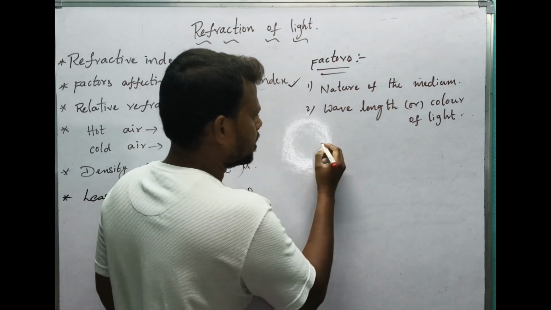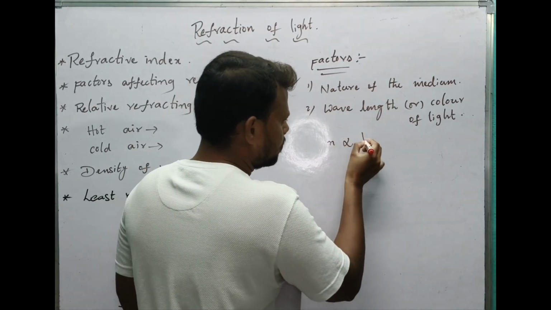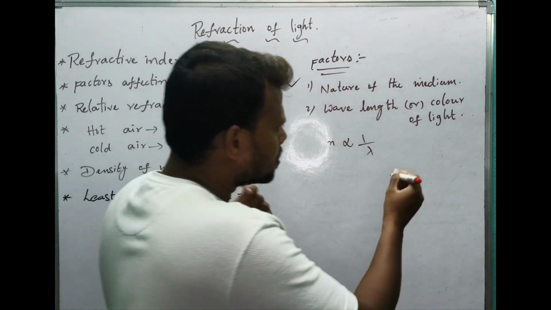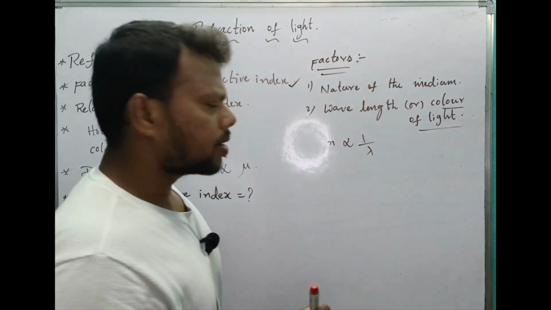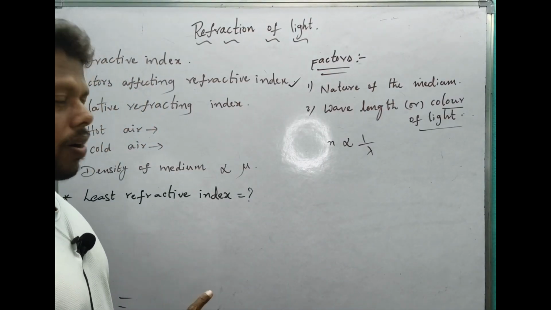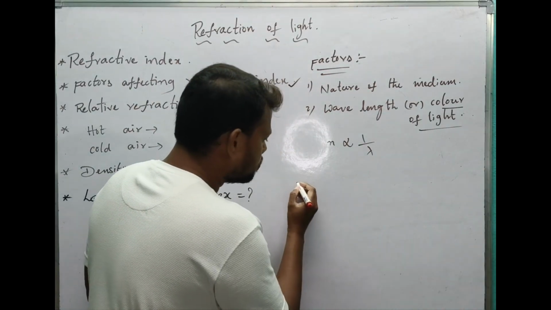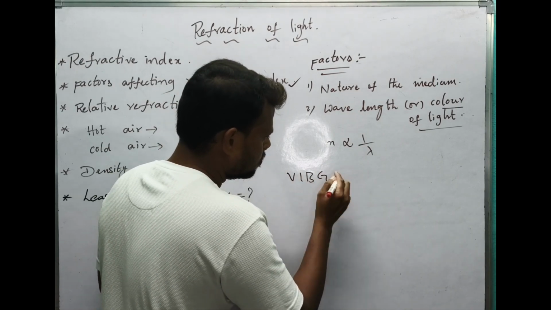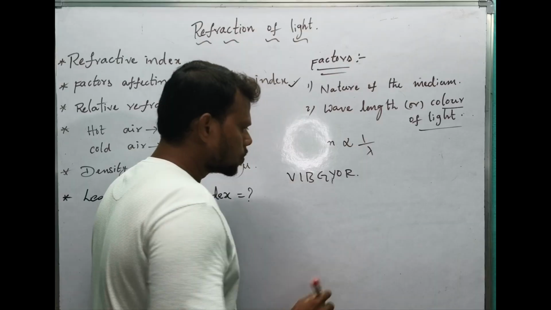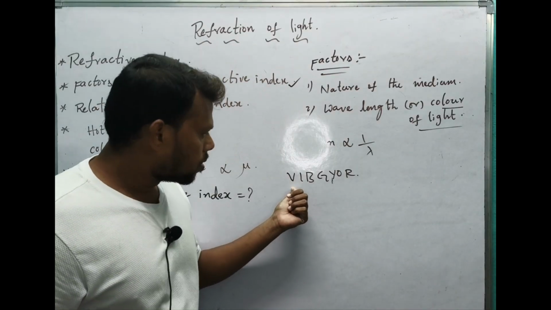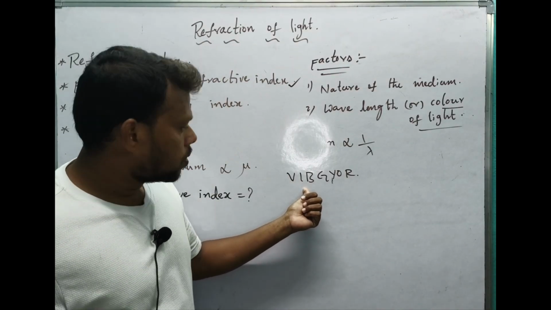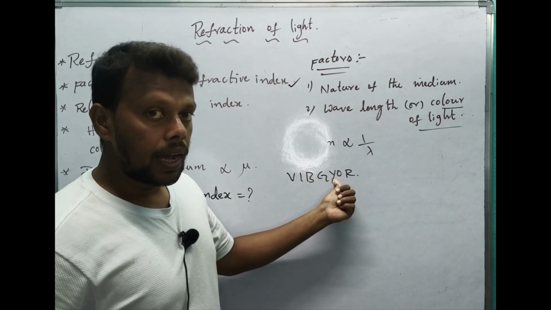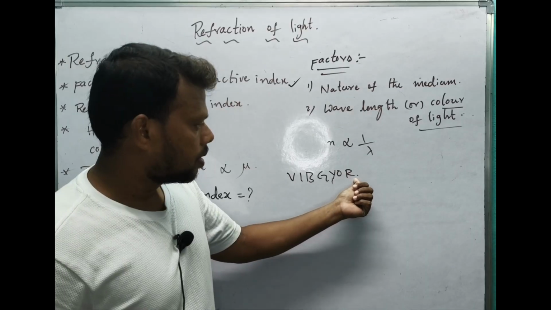Just now we have seen the refractive index is inversely proportional to the wavelength of light. Then what is the relation with color? I have written the color of the light. As you know well, we have VIBGYOR: V for violet, I for indigo, B for blue, G for green, Y for yellow, O for orange, R for red.